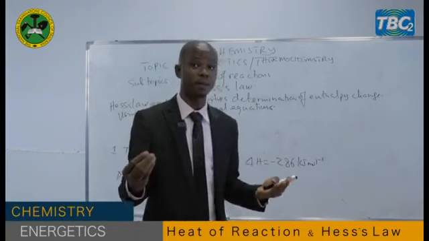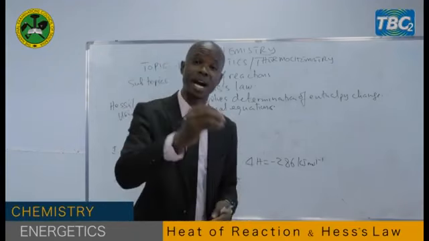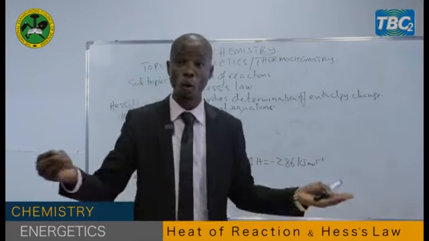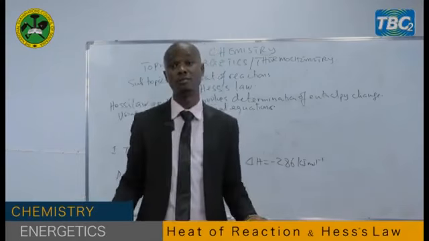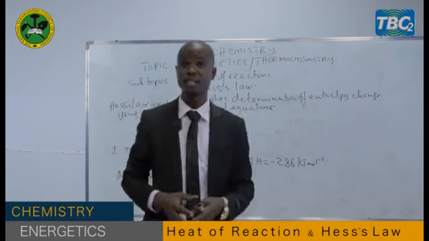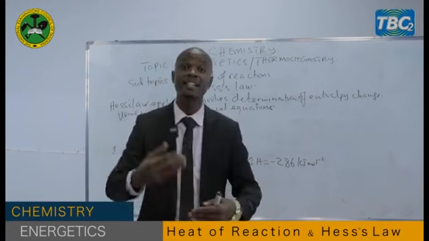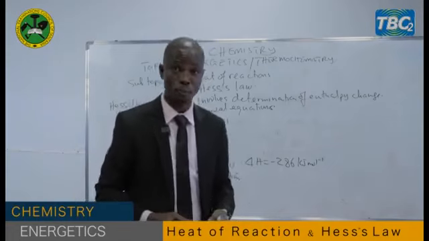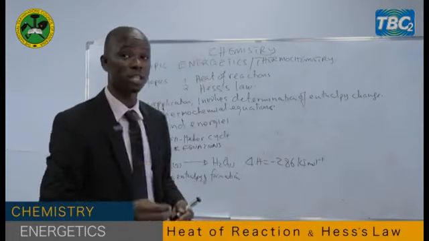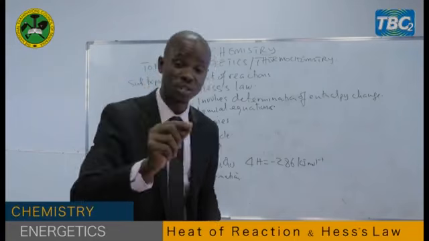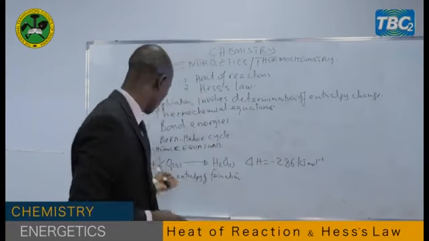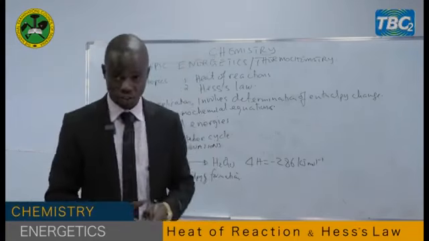It is difficult sometimes to set up an experiment to determine the enthalpy of formation of some compounds, for example, methane and benzene. So it is difficult to measure the enthalpy of formation of these compounds directly, but we can determine the enthalpy of formation of these compounds indirectly using Hess's law by using these thermochemical equations.